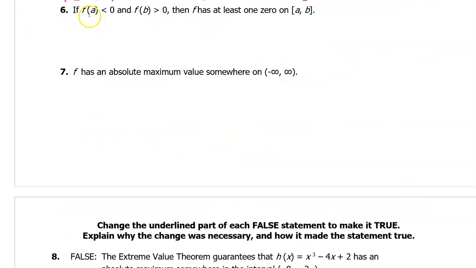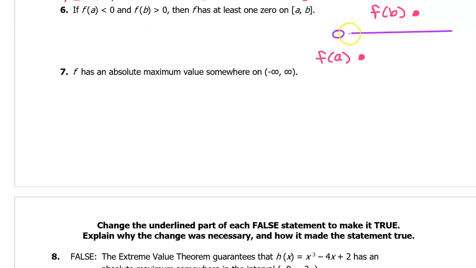Number 6. If f at a is less than 0 and f at b is greater than 0, then f has at least one 0 on the closed interval from a to b. Stop me when this sounds familiar. Let's say f at a is here and f at b is here.